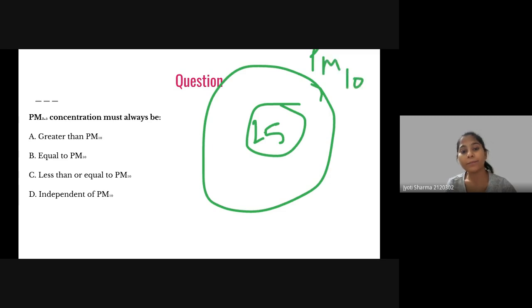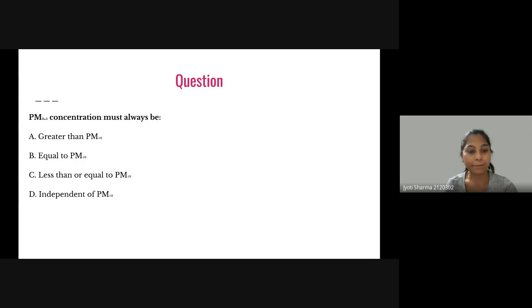So particulate matter 2.5 will either be less than particulate matter 10, or it may be equal to it. But it can't be larger, and it is not independent, because it is a subset of particulate matter 10. So C is the right answer.